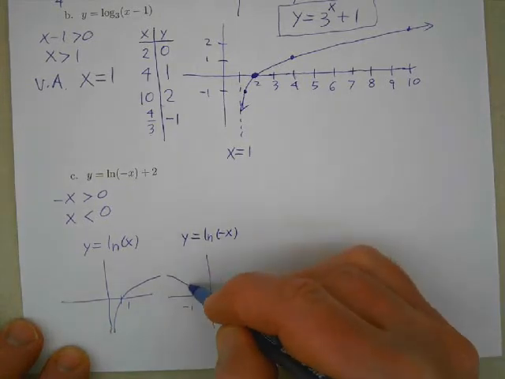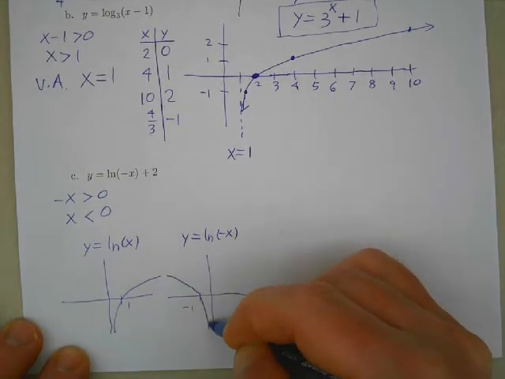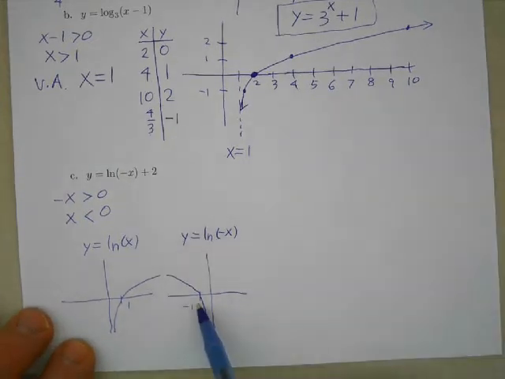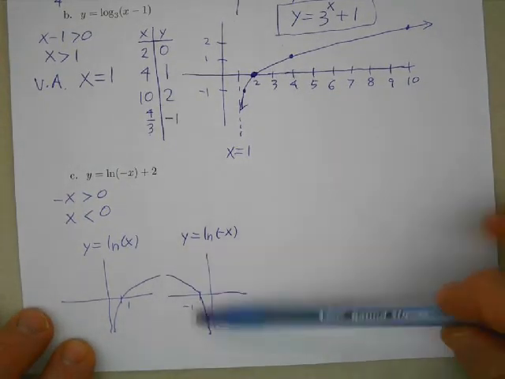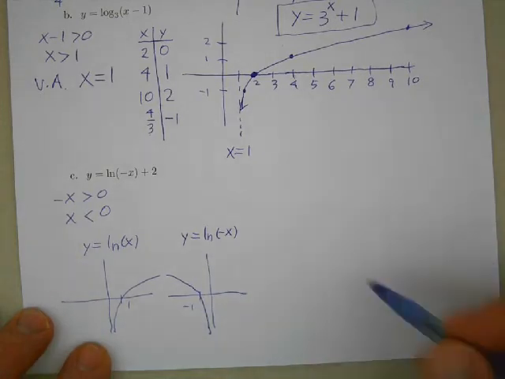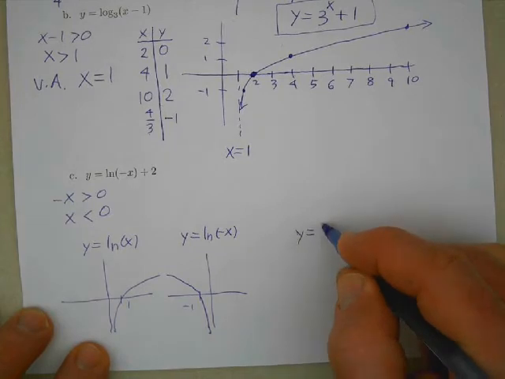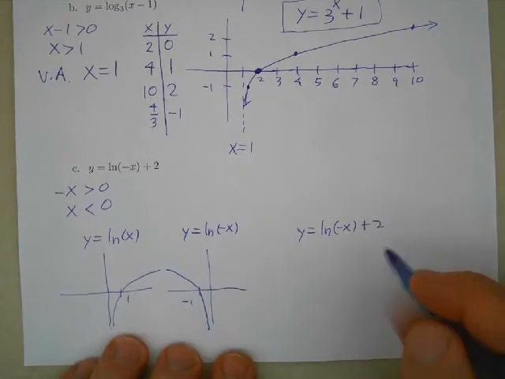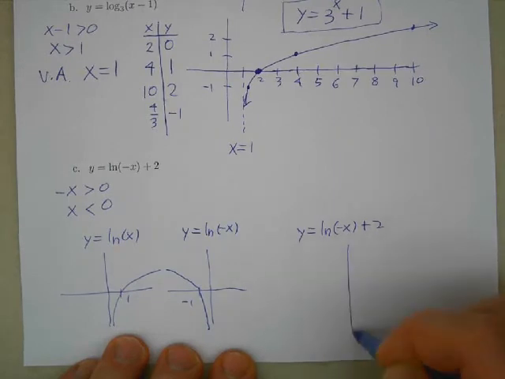So it looks something like this. And then the plus 2, we just shift the graph of this function 2 units up. So y equals the natural log of negative x plus 2. We shift that vertically up.